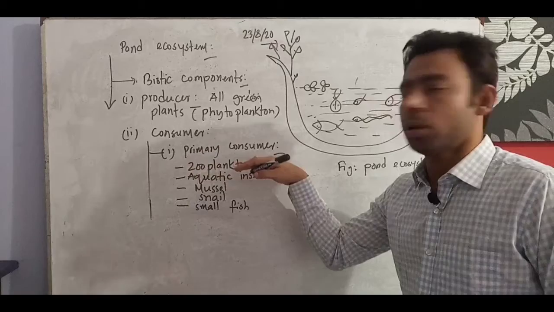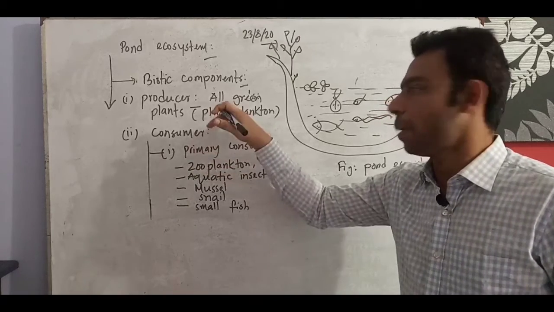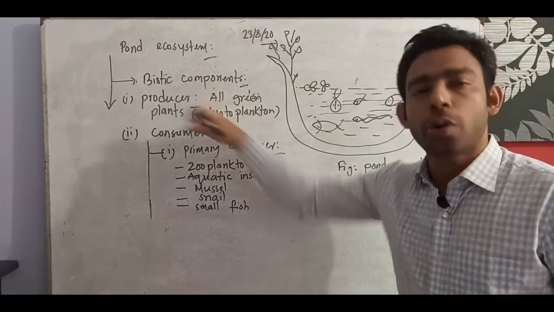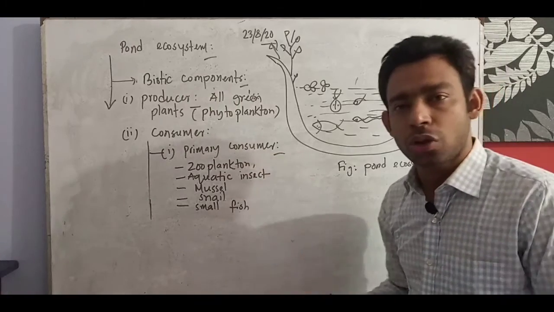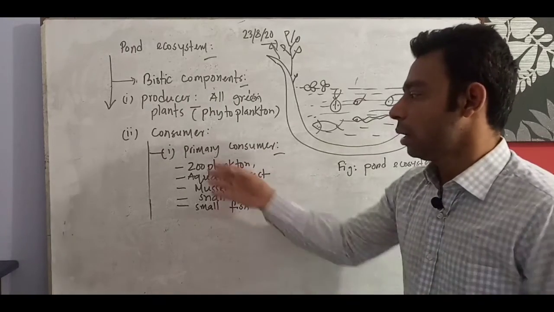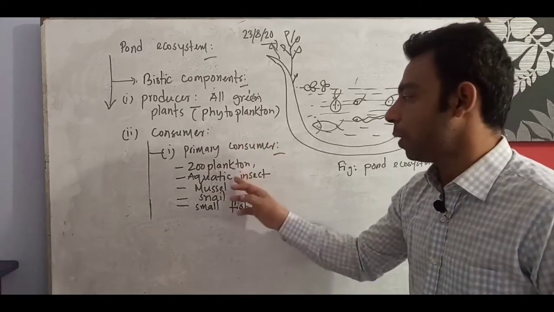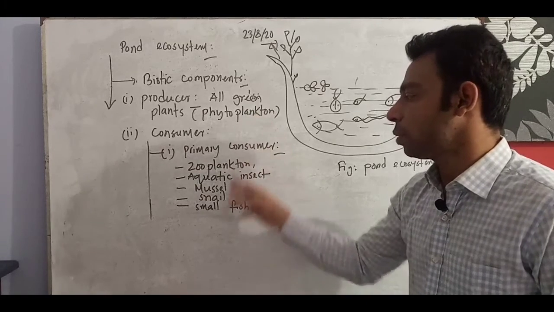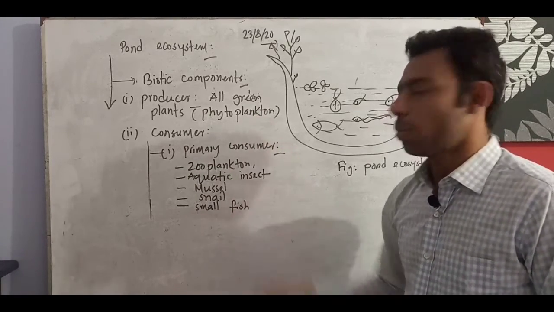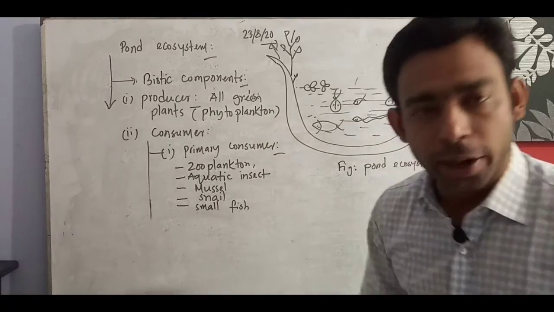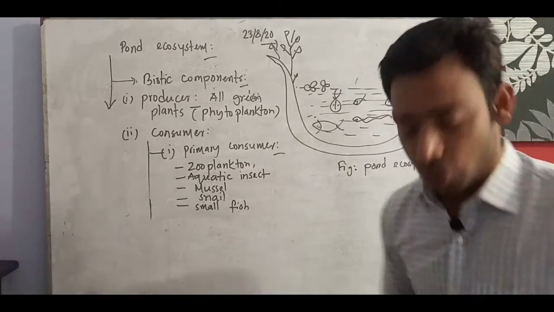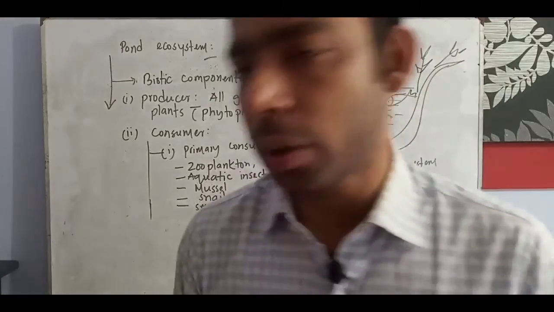Primary consumers are those that directly depend on the phytoplankton or producer. Examples are zooplankton, aquatic insect, mussel, snail, and small fish, which directly depend on the phytoplankton, so they are the primary consumers.